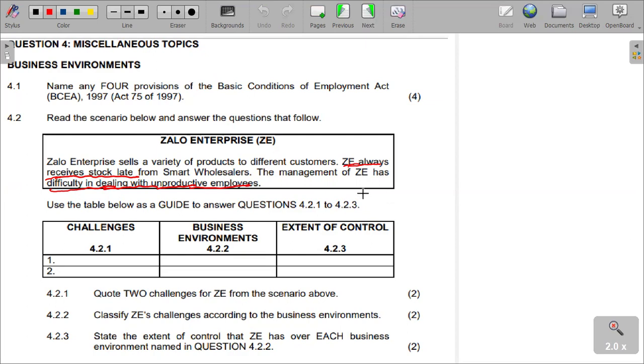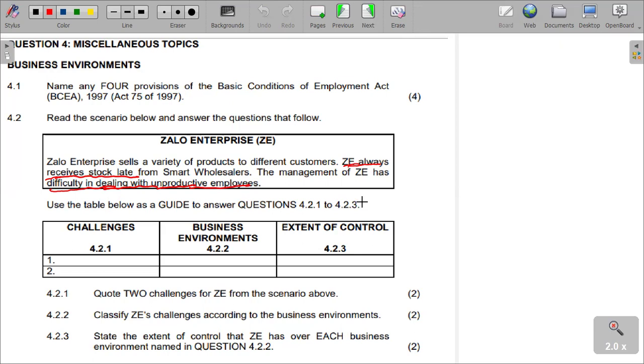But in this context, the question wants us to name any provisions of the Basic Conditions of Employment Act, as to say in workplaces, what are those things that are checked there? Name 4 provisions of the Basic Conditions of Employment Act.